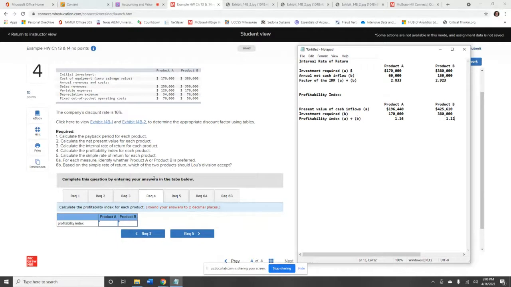So there's our profitability index. Again, product A looking a little nicer for us, but they're still real close, not a big difference. So anyway, that's the profitability index. We will come back in the next video and do the rest of the problem, 5, 6A, and 6B.